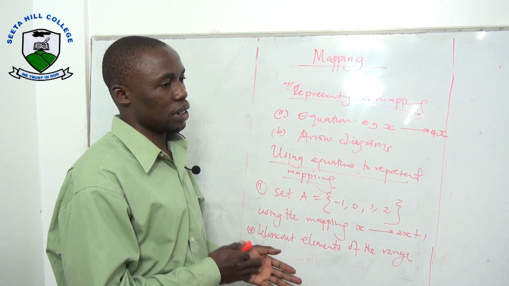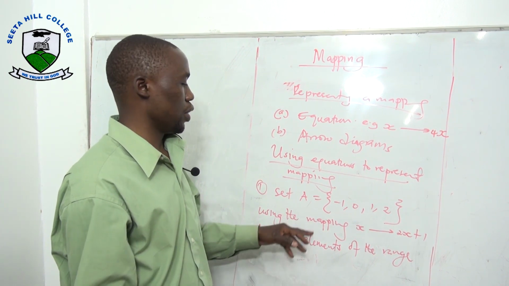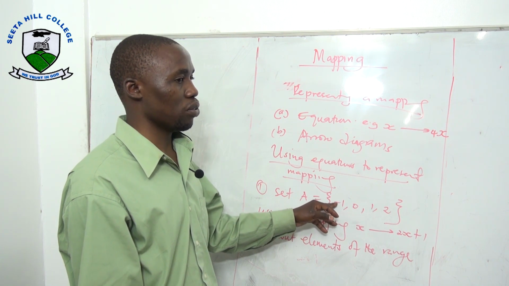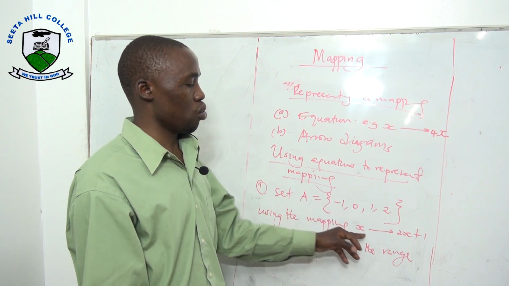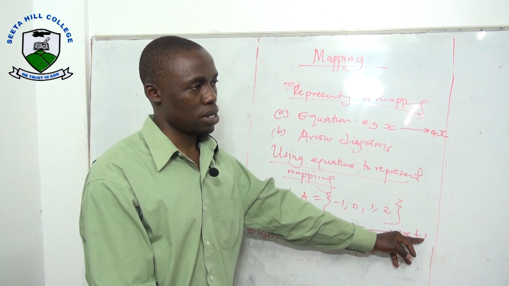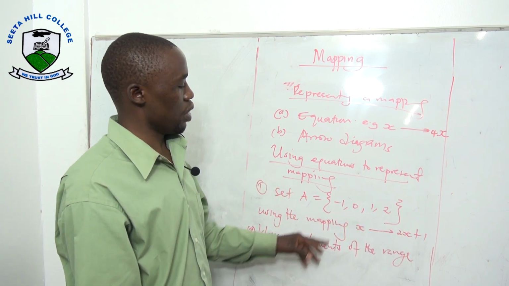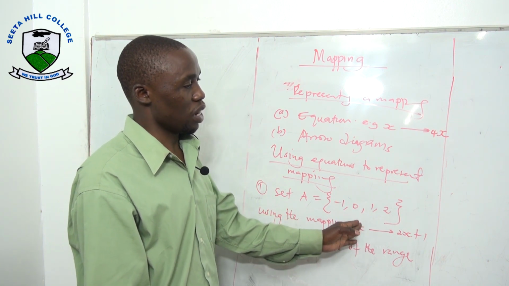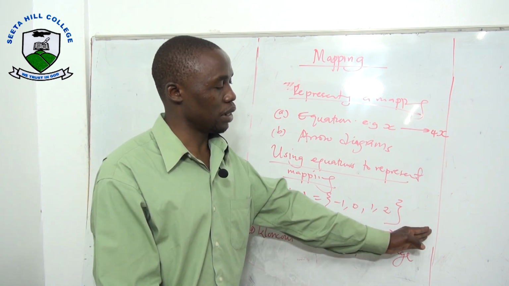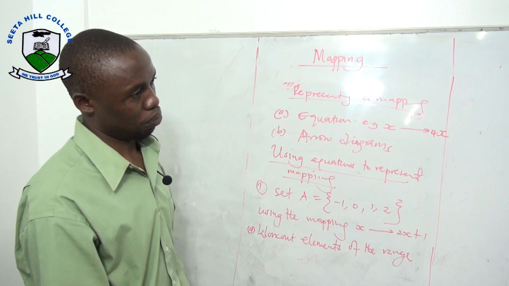It shows that these values have to be mapped to 2x plus 1. Each value here is standing for a value of x being transformed into 2x plus 1.